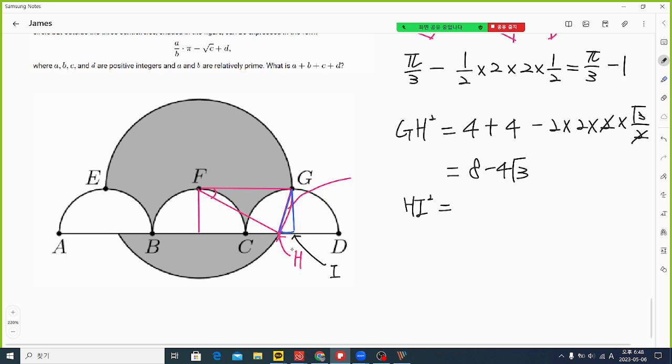So if we use the Pythagorean theorem, IH squared is GH squared minus GI squared. And because GI is the radius, which is 1, that's 7 minus this value.